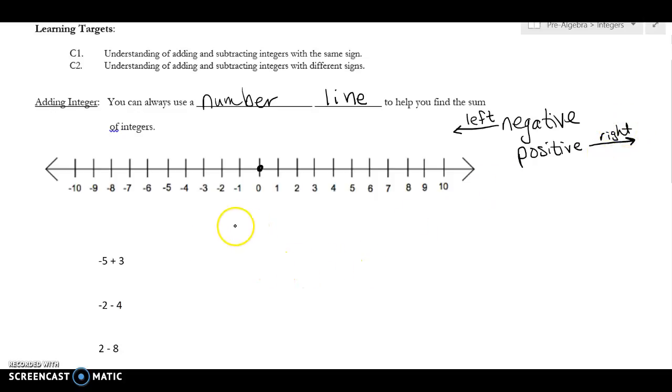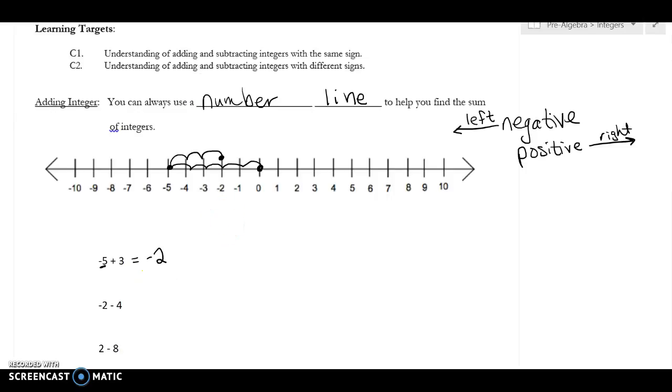So for this first one, when it says -5, I'm going to go to the left. 1, 2, 3, 4, 5. That's my first stop. And then it says +3, so then I'm going to go to the right. 1, 2, 3. And that's where I'm at. I'm at -2.